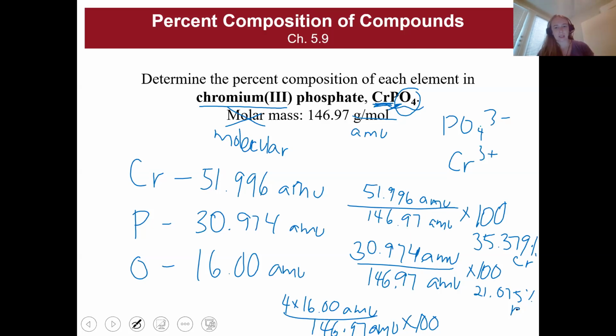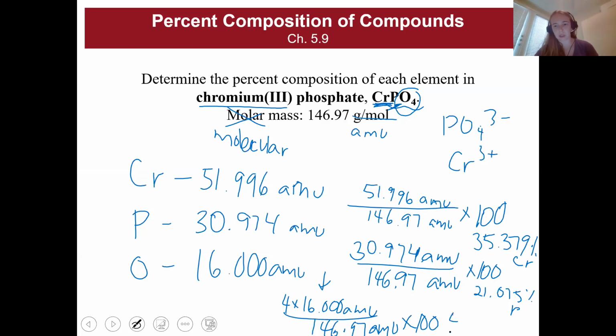And lastly, our oxygen. So 4 times 16 is 64 divided by 146.97. I'm just going to give it 0.000 so that we have the same sig figs for everything.